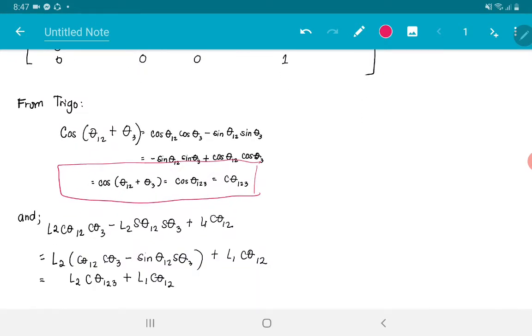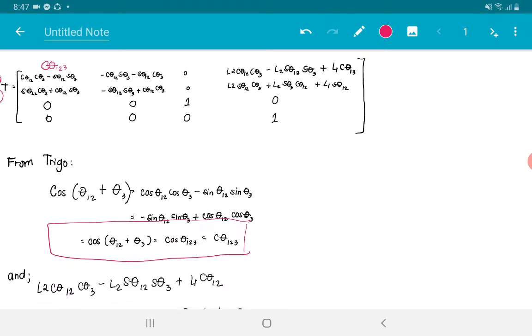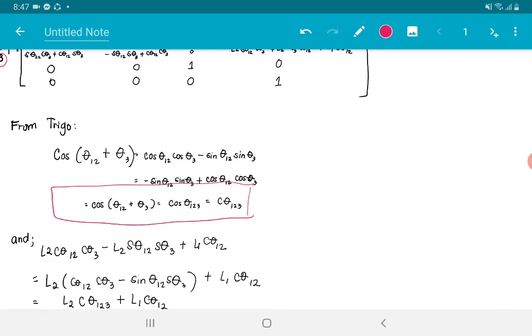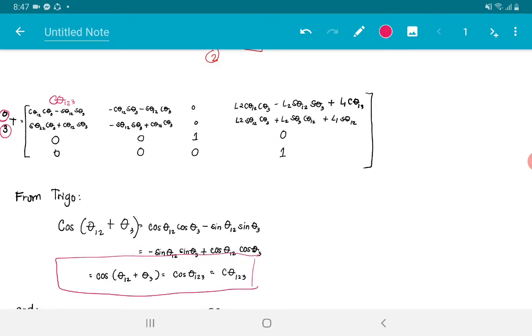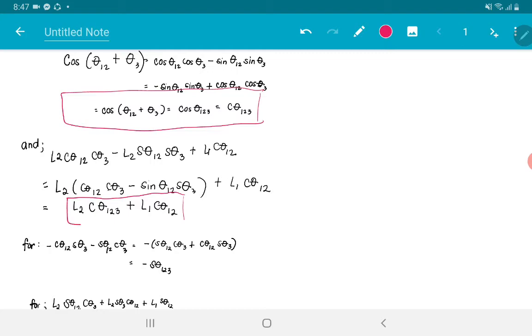So again, for the trigonometric formula, this formula can be substituted to L2 cosine theta 1, 2, 3 plus L1 cosine 1, 2.